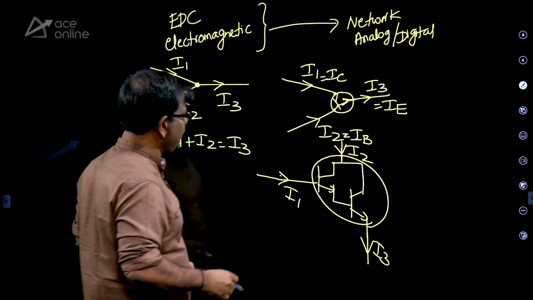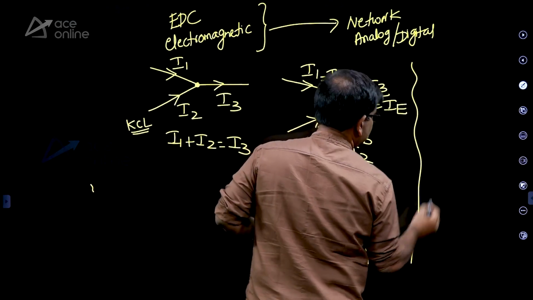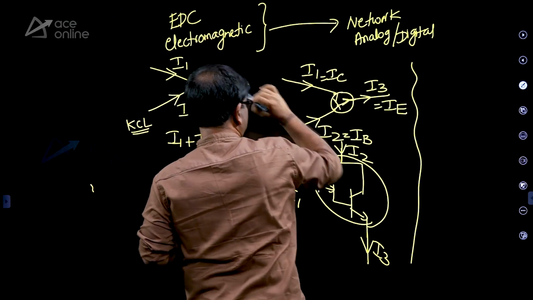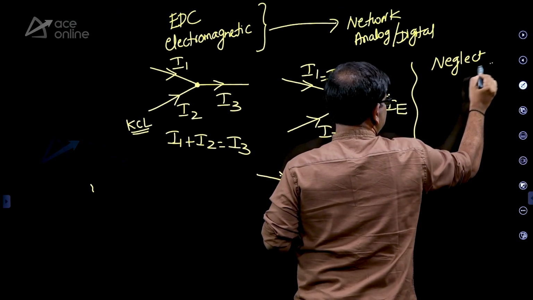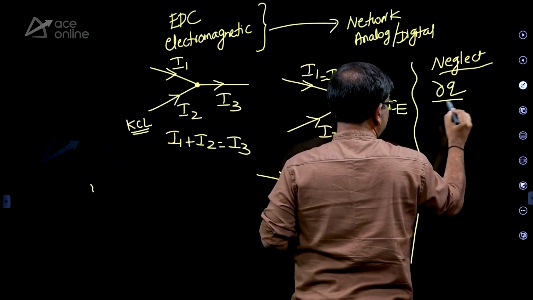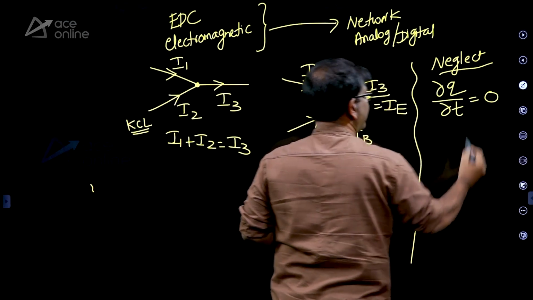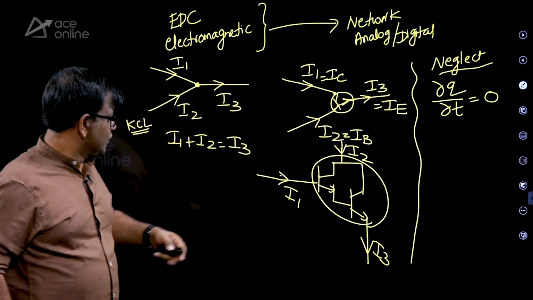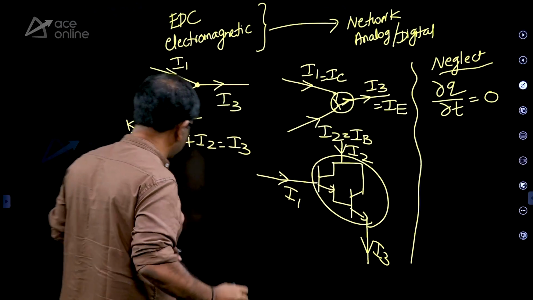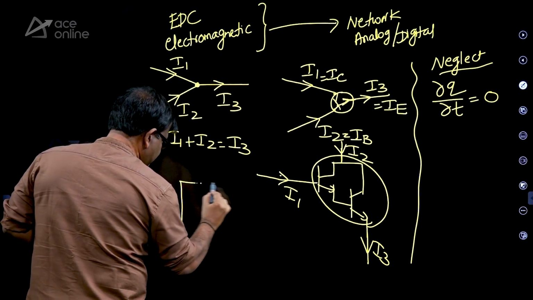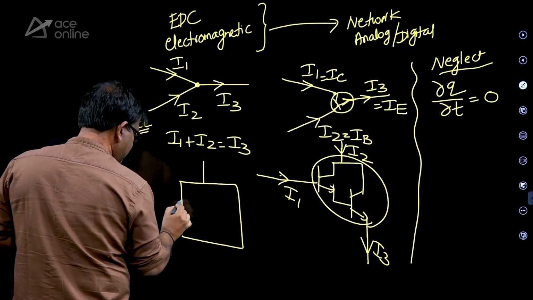You can neglect. So what are the things that you neglect? In electromagnetics, you talk about the interaction inside, which is the dq by dt, right? So we treat the whole thing as a black box, and forget about two transistors. You can take a digital board for that matter.